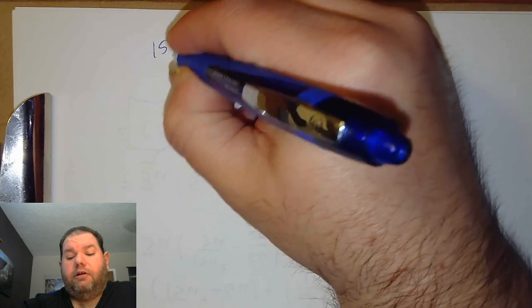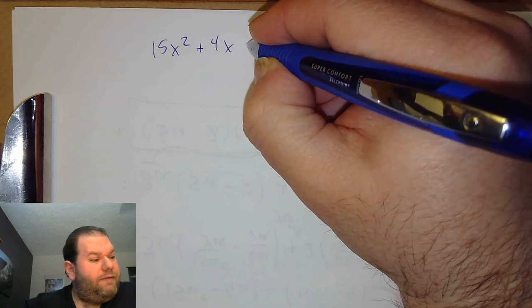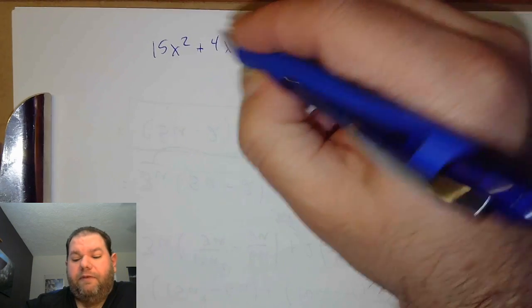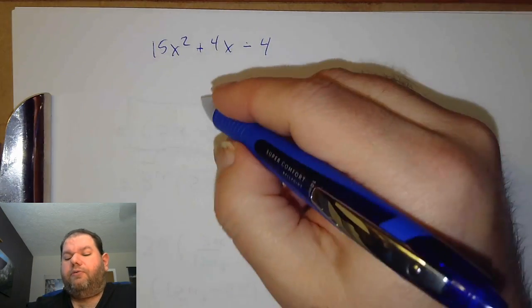I don't necessarily remember how to recreate that, but I know some people prefer that, from what I've seen in their work from other classes. And the idea is that we have 15. I'm just going to change it to x because I want to write x every time I see it. 15x squared plus 4x minus 4.